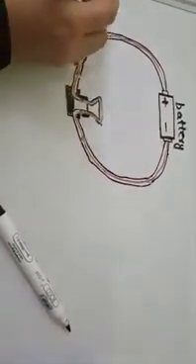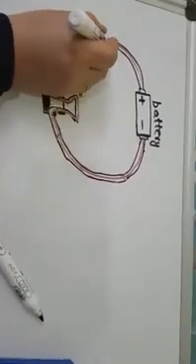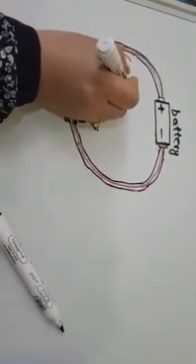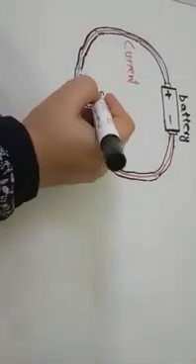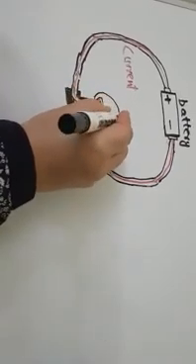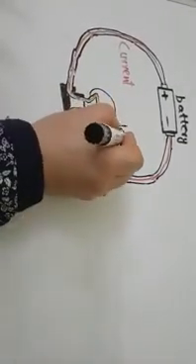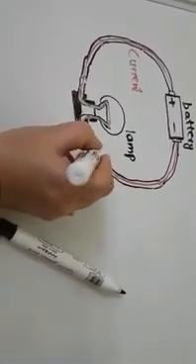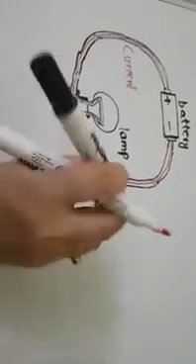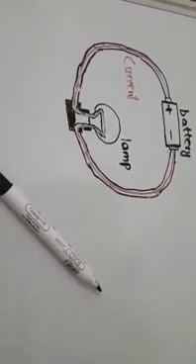Here, like this. It's okay, done. Okay, so it's the current, lamp, so it shows the electrical current flows around the circuit in a continuous loop.